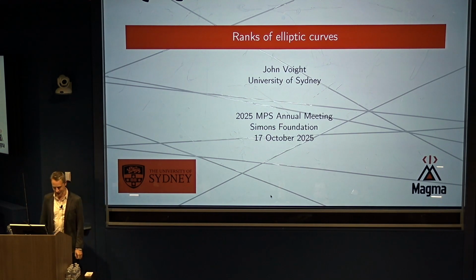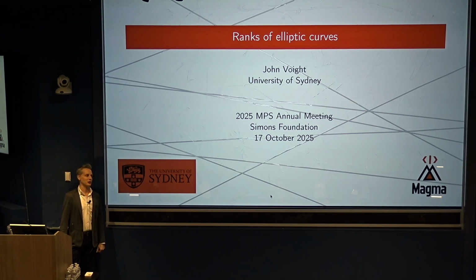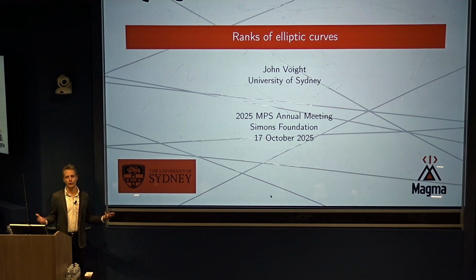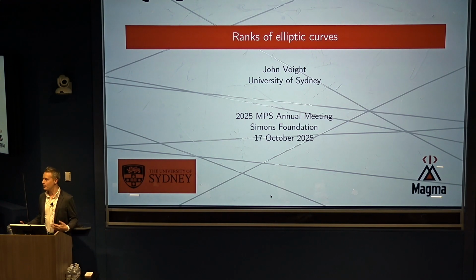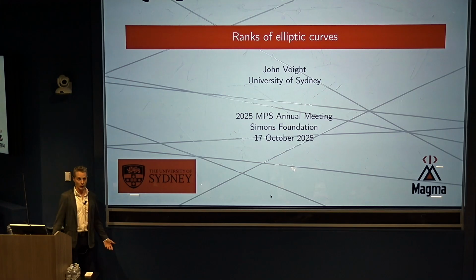All right, so ranks of elliptic curves are a really old question in number theory, and it can be approached from a variety of perspectives. But trying to keep in the theme and the vibes of this meeting, I'd like to approach it from a computational or experimental point of view. So we want to use things like big computations, statistics, heuristics to try to understand this topic.